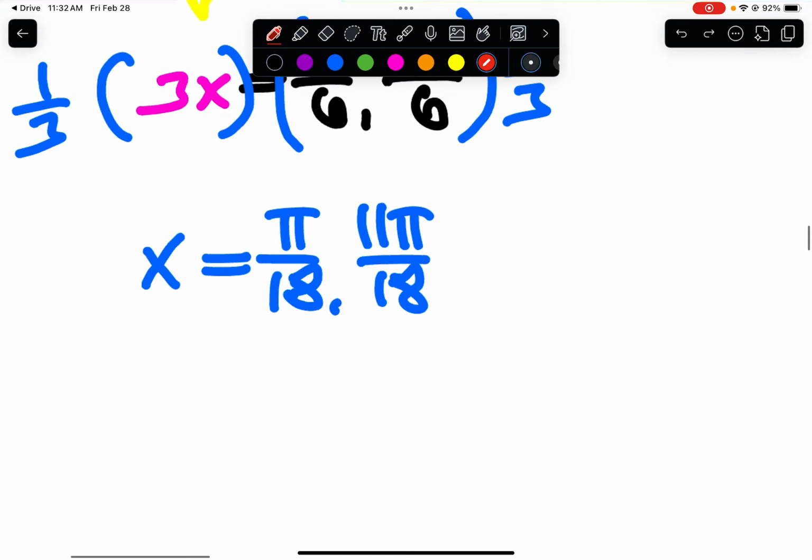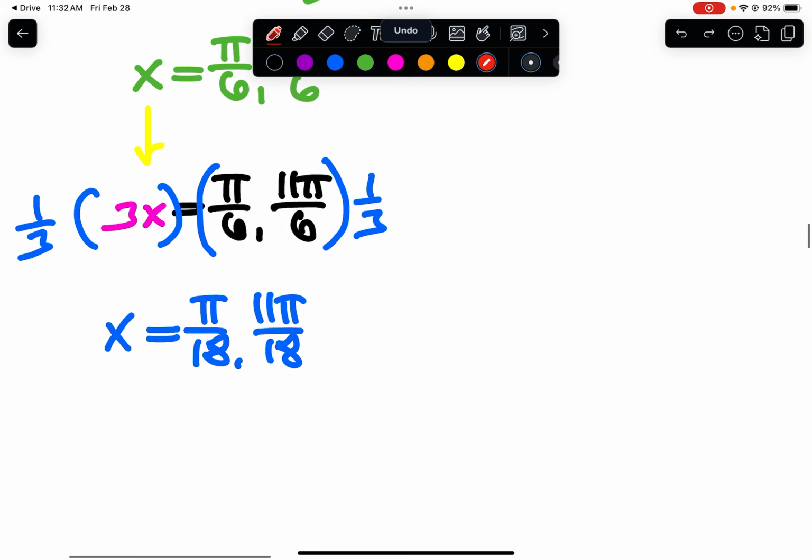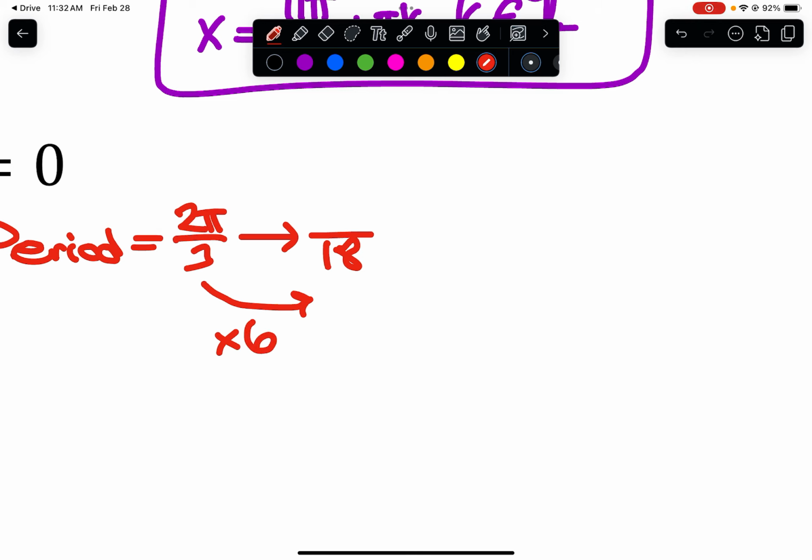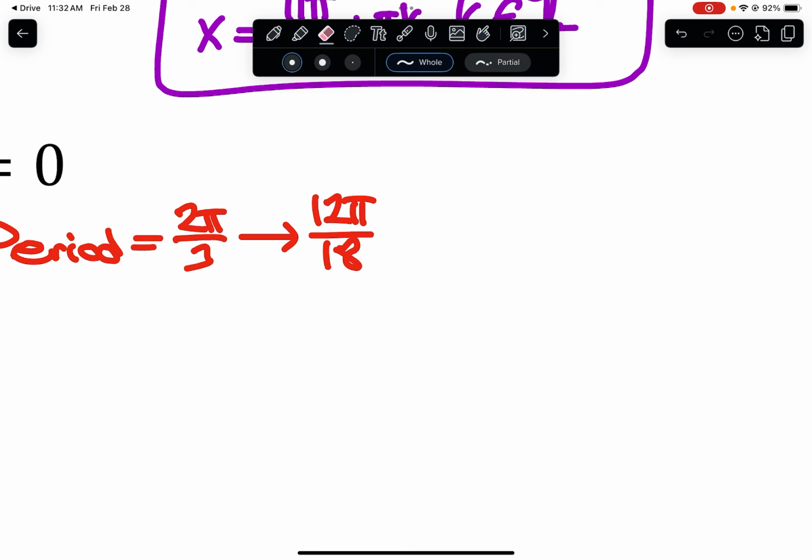Over here, we have a denominator of 18, so I'm going to convert this to a denominator of 18. That's times 6, so I multiply the top times 6, which means this is 12 pi over 18. That's what I'm going to add to my solutions so long as I'm within the interval.